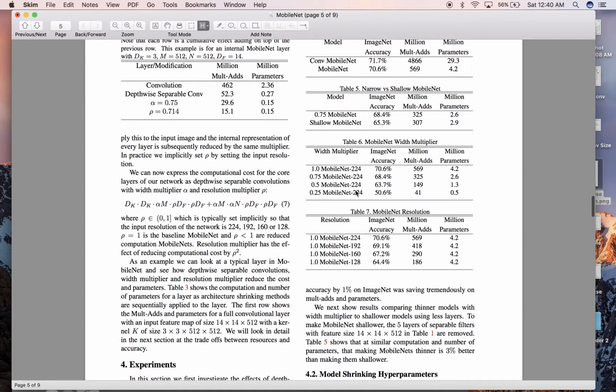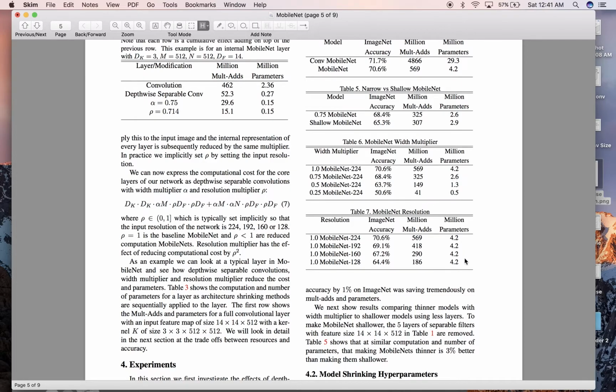And then over here he shows how the accuracy varies with changing the width multiplier and the resolution multiplier, so changing the input image size. And so he's basically trying to give the model builder the option about how they want to allocate their resources, and so they can choose between what width multiplier or resolution they want, and how much they're willing to trade off depending upon their computation availability.